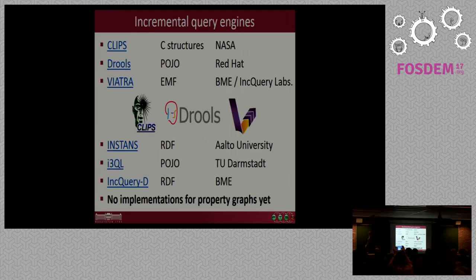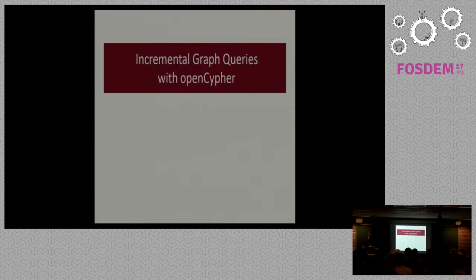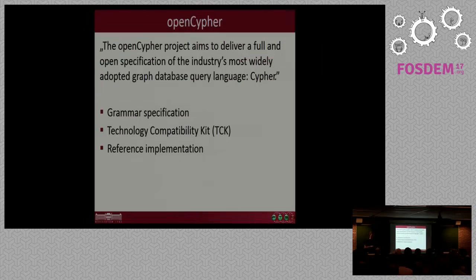So first, we need a good query language and a good ecosystem that we can integrate with. So what is openCypher? As you probably know, the Cypher query language aims to be the SQL for graph databases. So this means that Neo Technology tries to provide a standard for its query language.